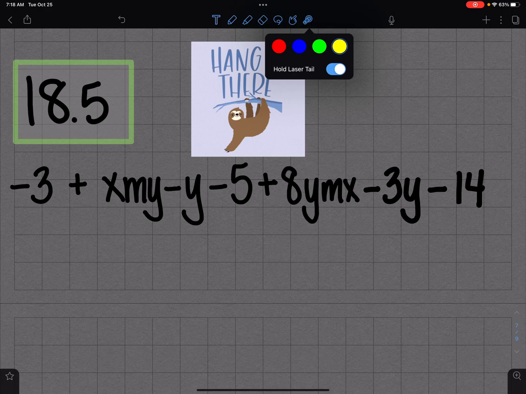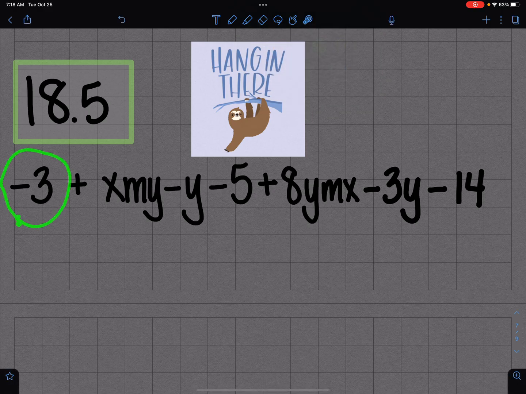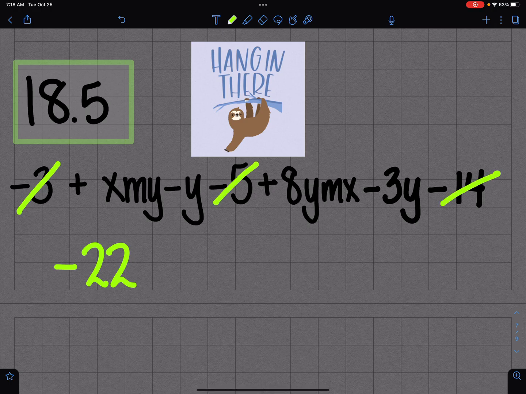So let's start all the way to the left. I've got this -3. Are there any other just numbers by themselves? Yeah, there's a -5, and then there's a -14. So that's going to add together to -22. Okay, and then I cross those out. Then my next term is xmy.